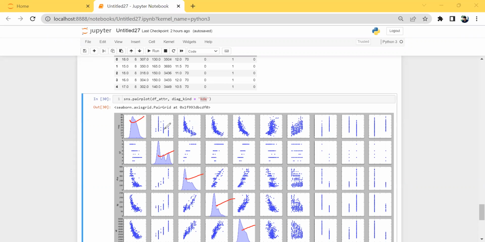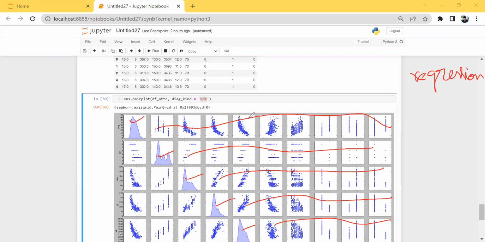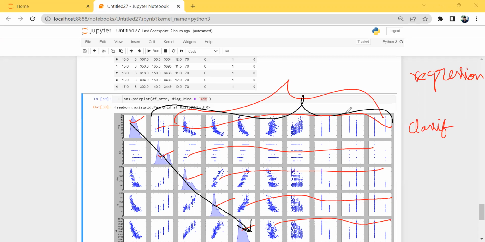But these others are the off diagonal elements. Whenever we do regression, our focus should be on these off diagonal elements. But whenever we do classification, our focus should be on these diagonal elements. Since we are involved in linear regression, our focus should be on these. Did you get that?